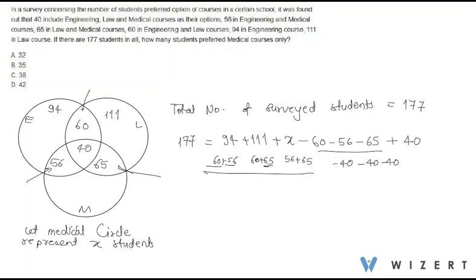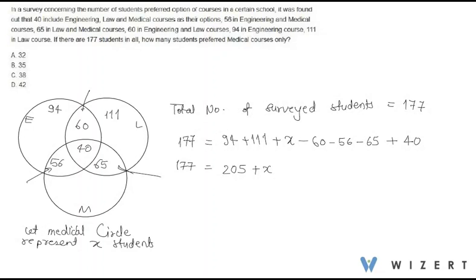Now we can solve this equation to get number of students represented by entire circle for medical. Let's clean this up first. So let's see, 177 equal to 94 plus 111. 4 plus 1 is 5, 9 plus 1 is 10, and 205 plus X. Now minus 60 is minus 120. Minus 120 minus 50 is minus 170.